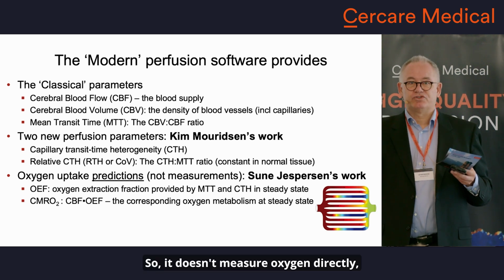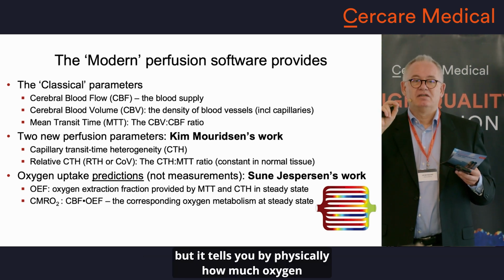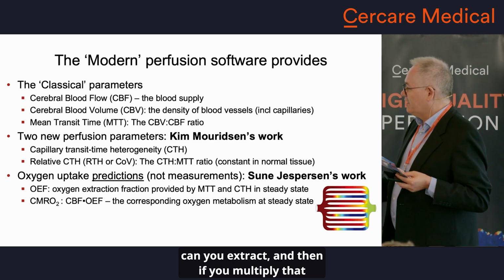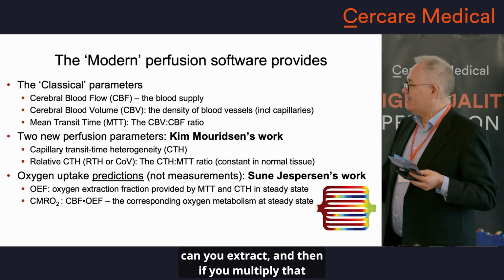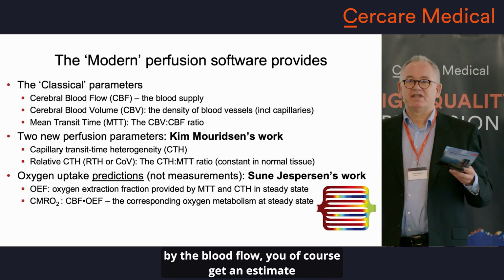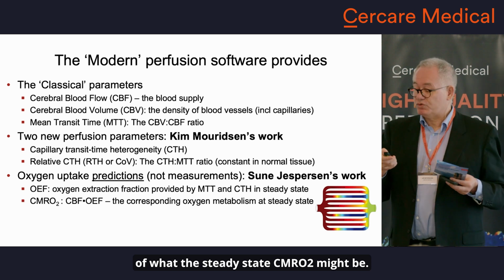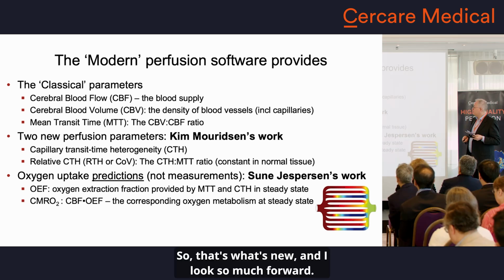So it doesn't measure oxygen directly, but it tells you biophysically how much oxygen you can extract. And if you multiply that by the blood flow, you of course get an estimate of what the steady state CMRO2 might be. So that's what's new.